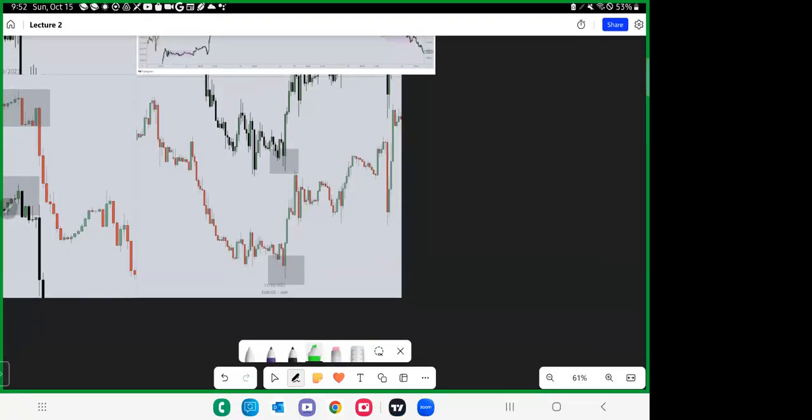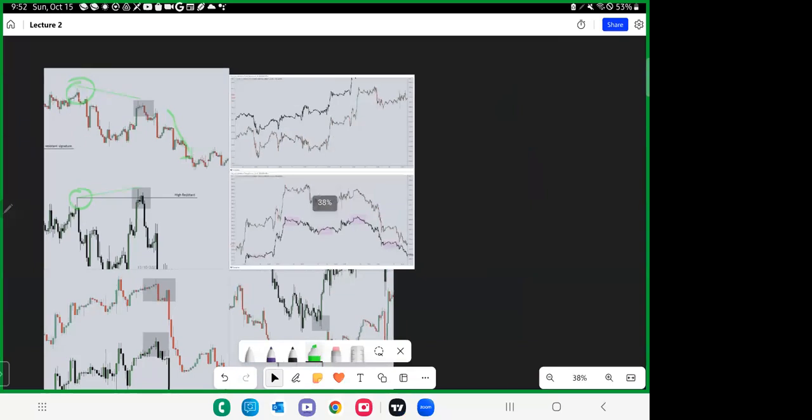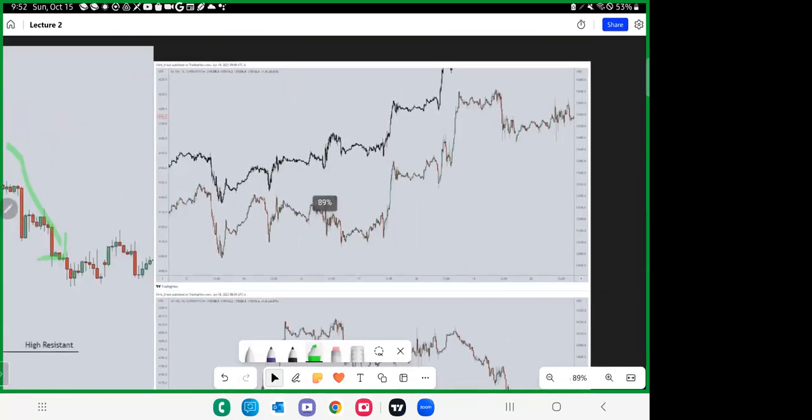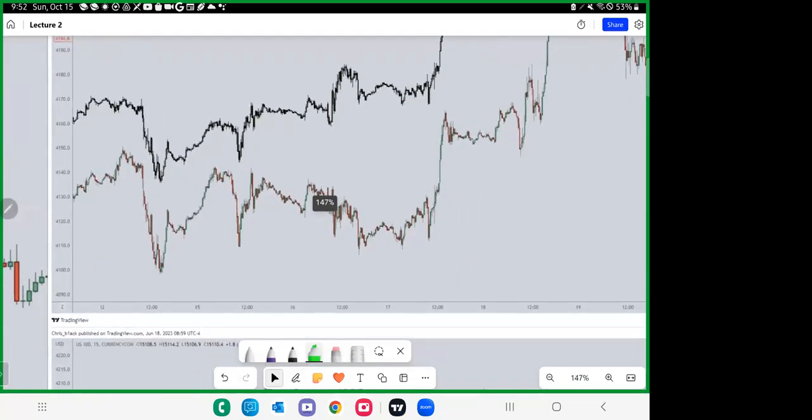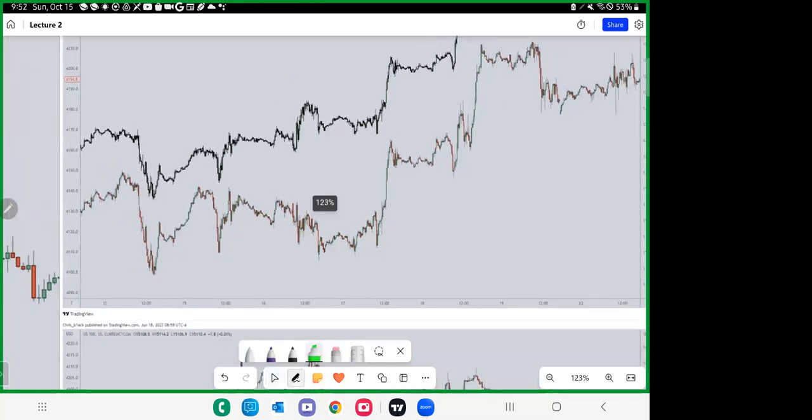All right, let's see if there's any other example. Then I think there's 2 examples of NAS. Okay, so if we look here, we have, where is it? Yeah, this low, right? And obviously that low, we zoom across price.